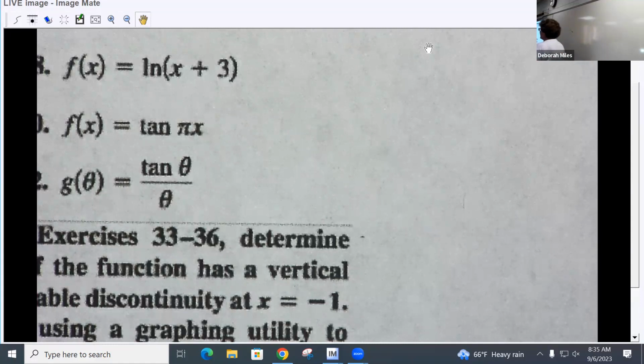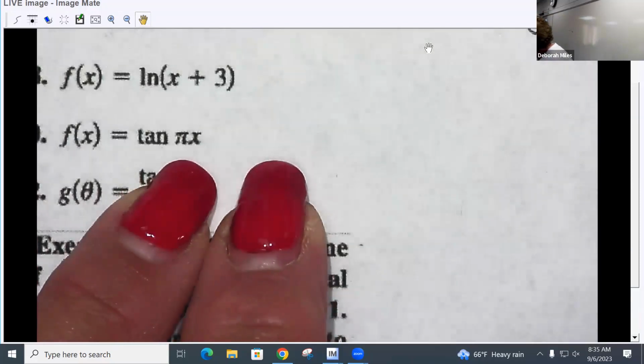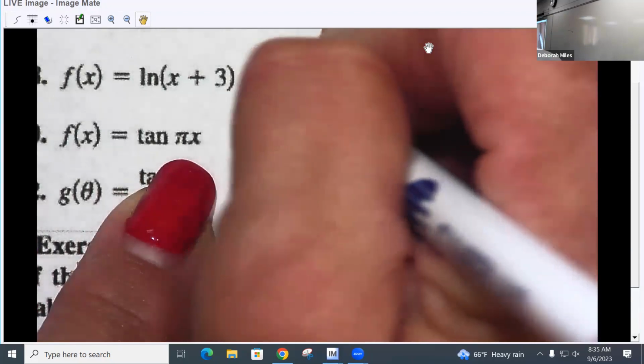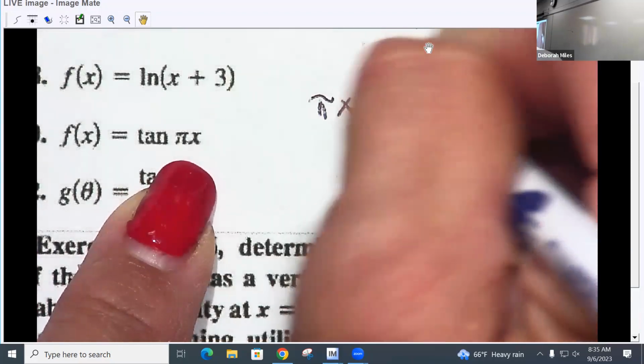That's changing the period of the function. So normally tangent has its asymptotes at the odd half pi's. So instead of saying x is an odd half pi, we're gonna say pi x is an odd half pi.